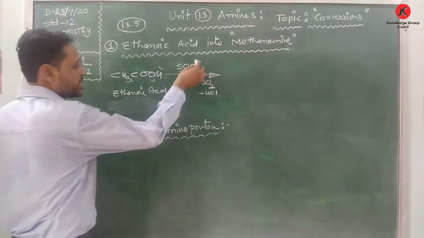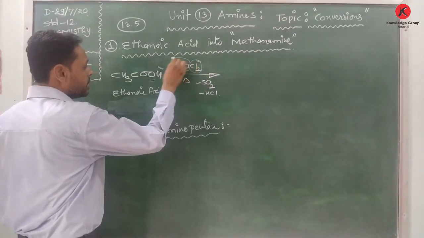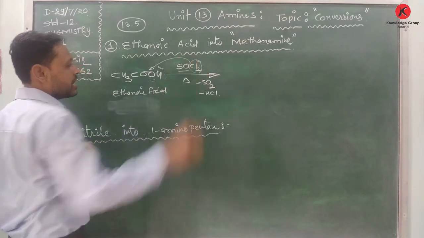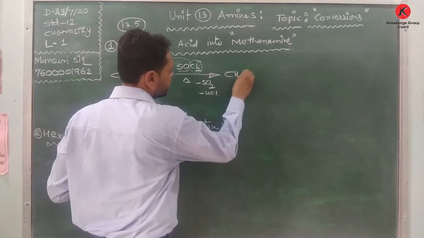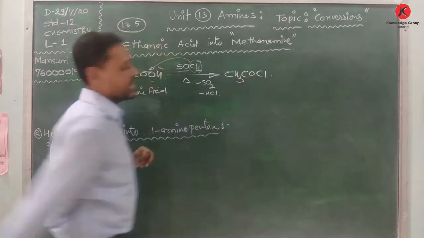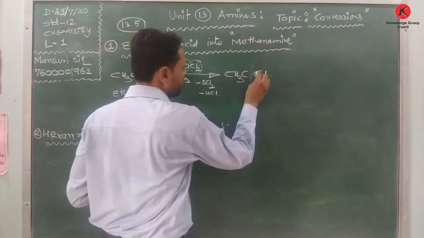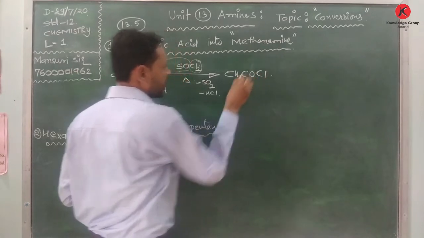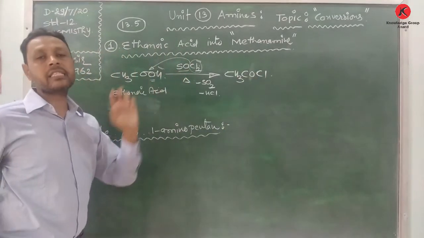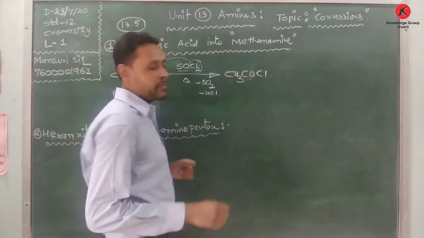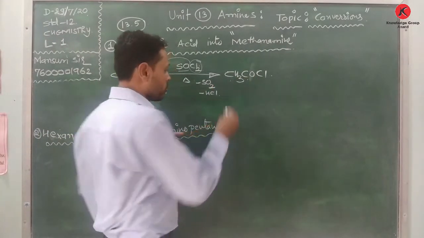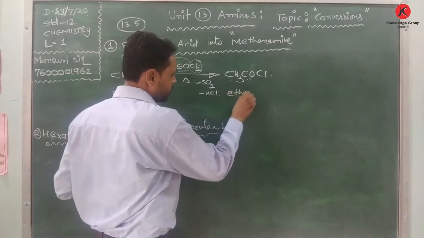So only one Cl atom is removed, and one Cl will go toward this CO. That is why we can obtain CH3COCl. This is my ethanoyl chloride. Two carbons are there and an acyl group, acyl chloride.